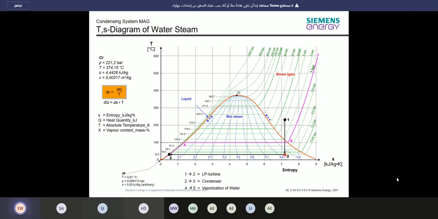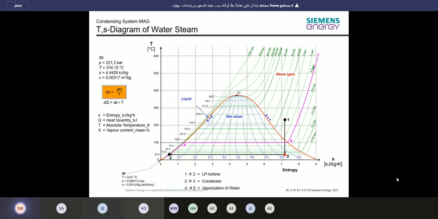And now we're getting on the outlet steam with 32.9 degrees, so 0.05 bar. So that's over here, 0.05 bar. There we have a saturation temperature of 32.9 degrees.